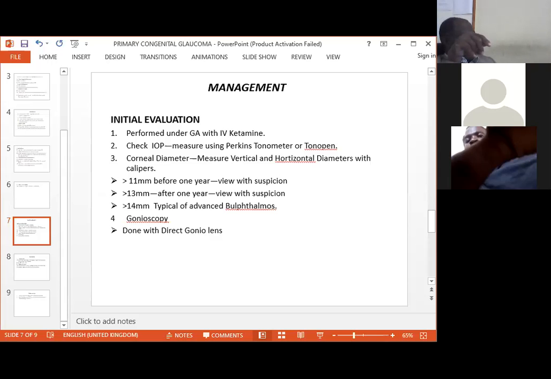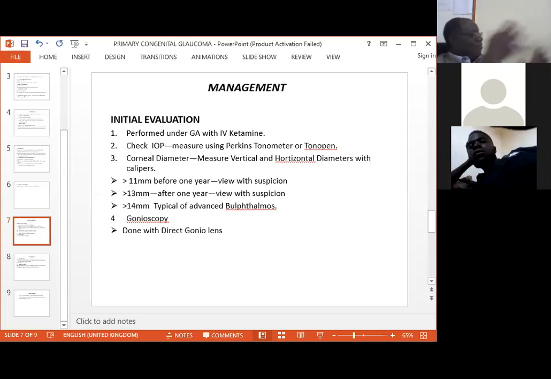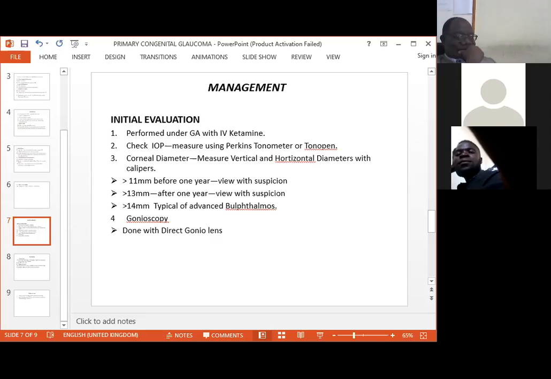Remember congenital? The eye swells up before. Not only when evaluating for glaucoma: all children, before they are discharged, there is an evaluation of the child. They examine them completely.